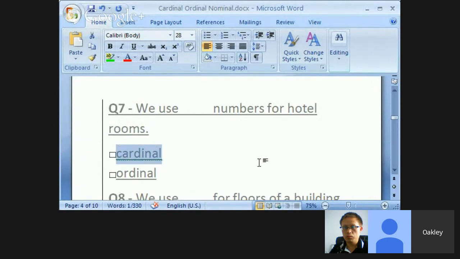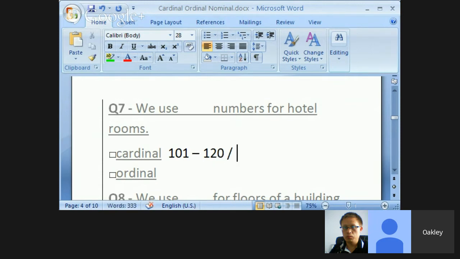To some degree, some hotels use cardinal numbers, but normally, for example, if a hotel is 10 stories high with 20 rooms on each story, it would be very normal to have rooms 101 to 120 on the first floor, right?